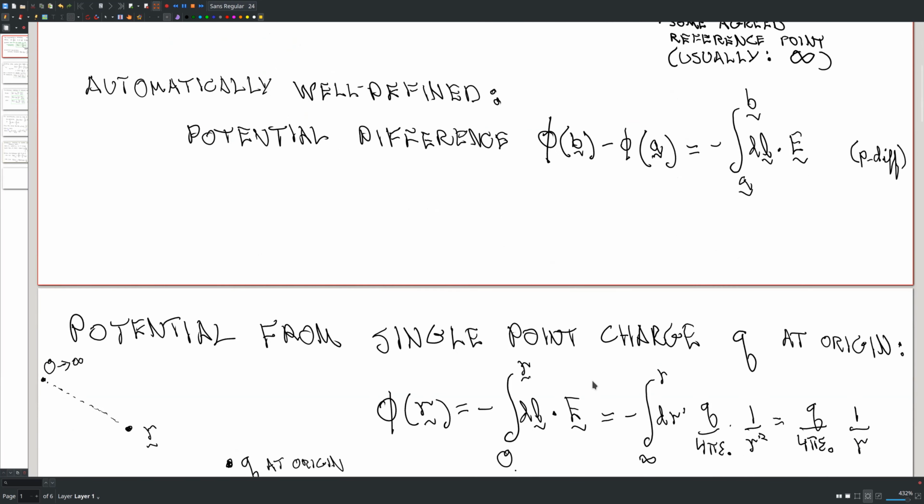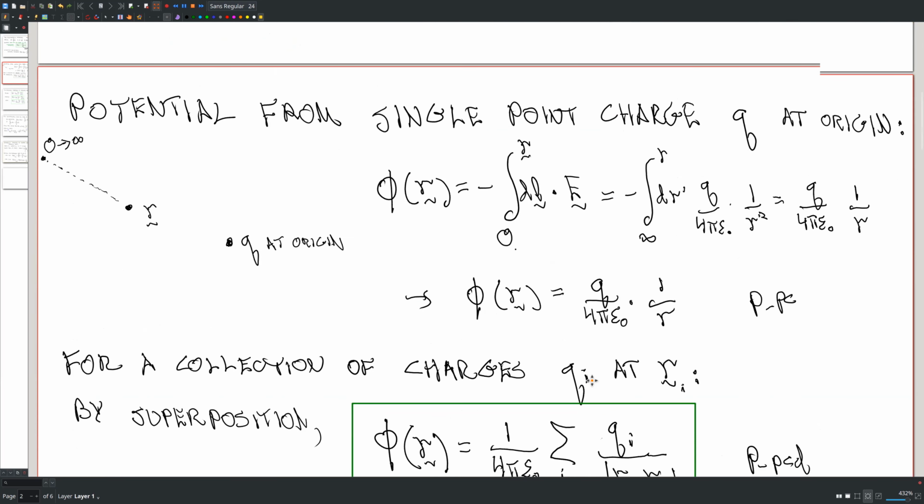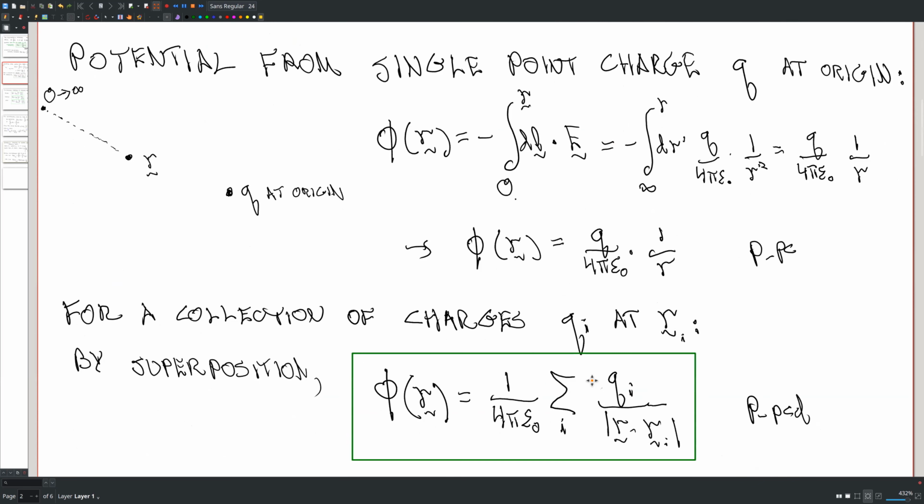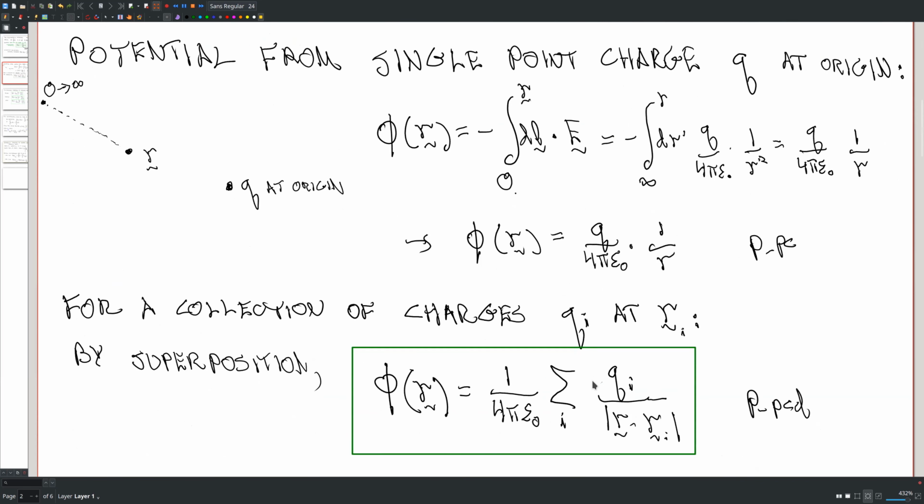Right. Now, the potential is something that you will have calculated for a number of very, very simple circumstances. The very first simple circumstance that we can consider is a charge Q situated at the origin. We put it at r equal to 0 for convenience.